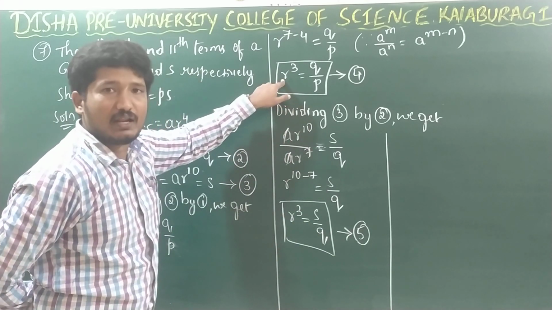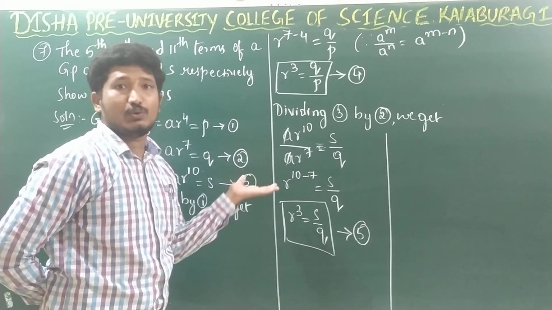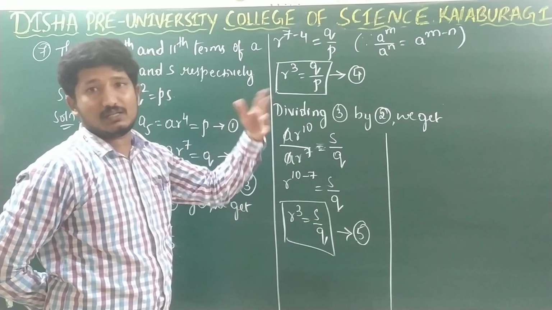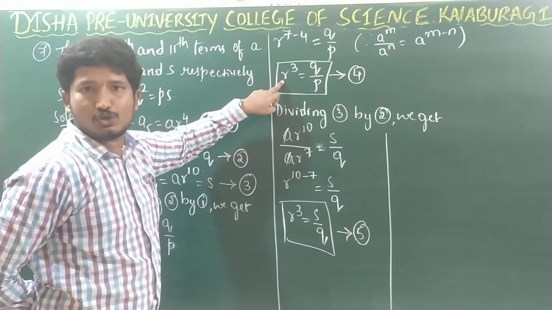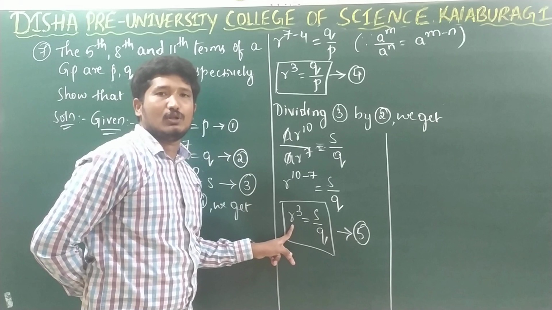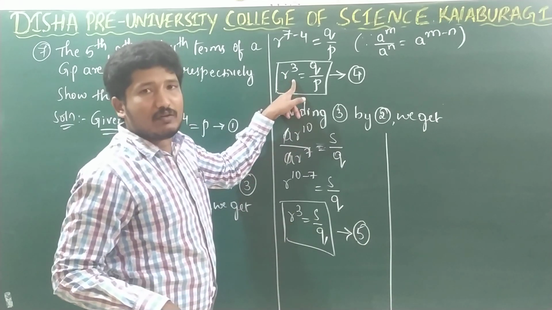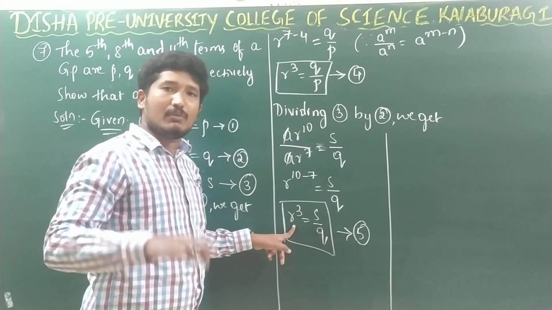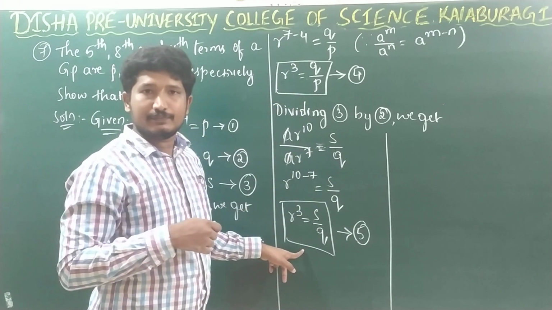It is also r cube, this is also r cube. R is the common ratio, so you are cubing it, multiplying it 3 times. So this term will also be the same. If the LHS of equation 4 and equation 5 are equal, then the RHS will also be equal.